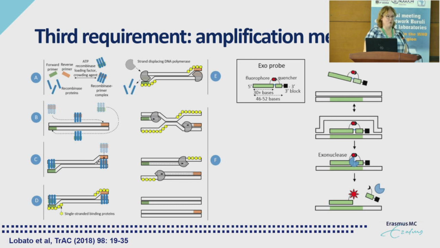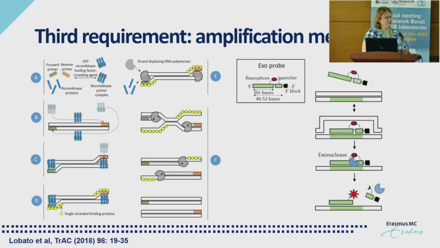But instead of the normal Taq polymerases, you use a recombinase. And that binds to the primer, which then looks for your homologous sequence and displaces the strands, and the polymerases can amplify. So it's not thermal, it's not a cycle, it's a continuous reaction.